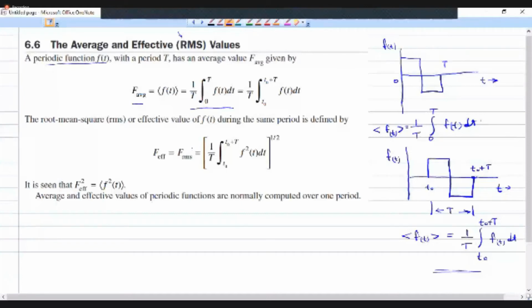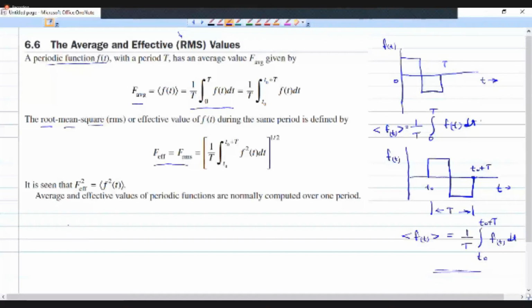Similarly, we can define another value called the effective value or the RMS value, which is represented by f suffix EFF or F RMS. In order to remember, I will give you one trick. Remember the term RMS, which stands for root mean square. It means we are finding the root of the mean of the square of the function.